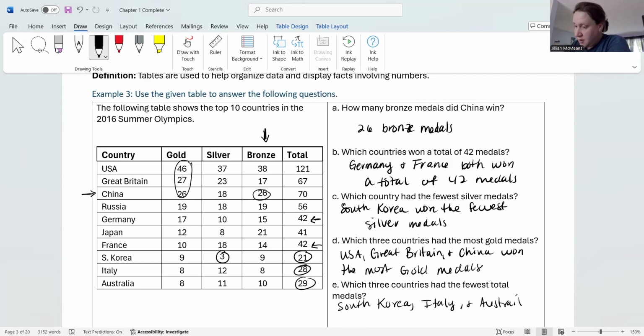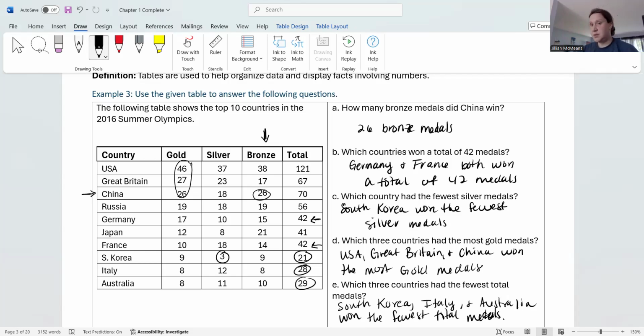Australia, I think I spelled that wrong. I did. Don't tell Australians that I don't know how to spell the name of their country. So Australia won the fewest total medals. Medals. Can't spell. Okay, so there you have it.